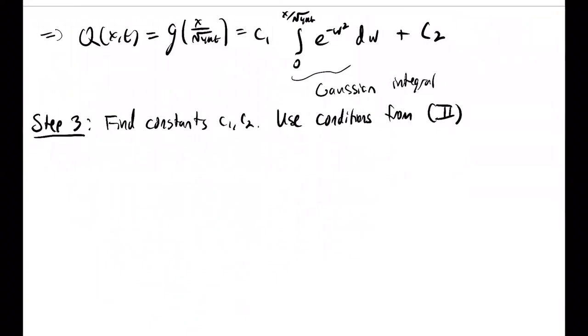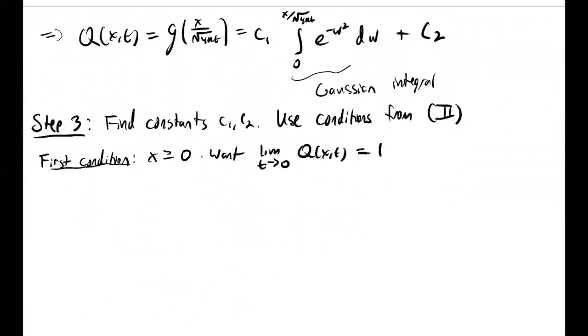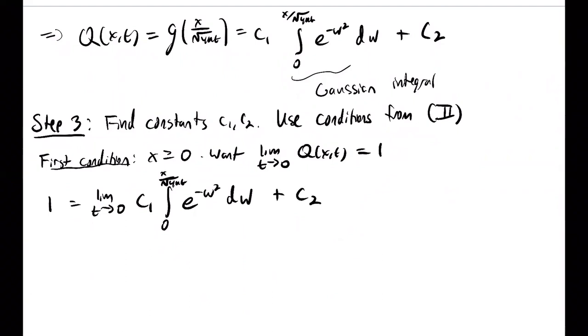Okay, and so what is the first condition? Well, the first condition is a property when x is bigger than or equal to 0. In this case, I want the limit as t goes to 0 of q of x, t, when x is bigger than or equal to 0, to equal 1. And so therefore, I should have 1 is the limit as t goes to 0. I'm going to replace q by this integral we found, c1 times the integral from 0 to x over the square root of e to the minus w squared dw plus c2.